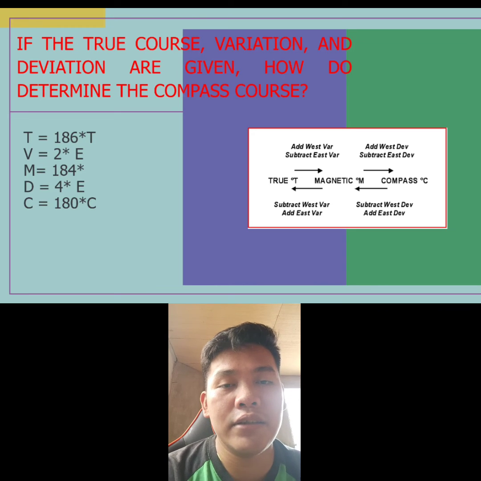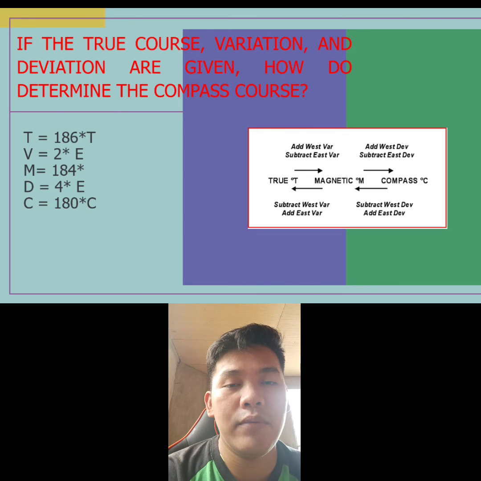So 186 degrees true minus 2 degrees east variation is equal to 184 degrees magnetic. And for 184 degrees magnetic, with 4 degrees east deviation, we need to subtract them. And the answer is 180 degrees compass course.